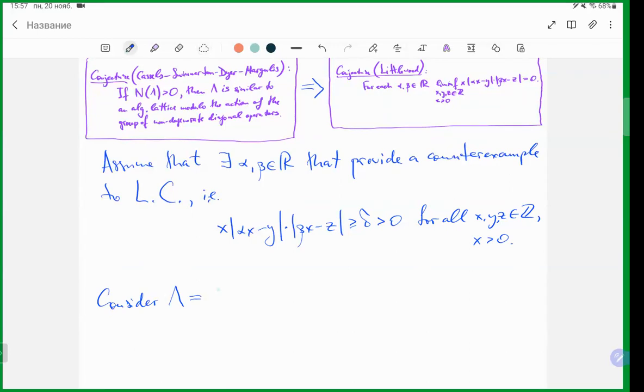So we take 1, 0, 0 here, right? Then alpha minus 1, 0, and beta 0 minus 1 times z. Okay.